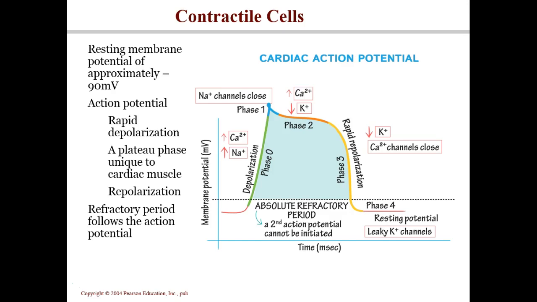However, there is a small period after the absolute refractory called the relative refractory period. If the next action potential is strong enough, it can trigger another contraction. And that's where we get this AFib, where we have contractions that are a little too fast, not allowing this phase to go on.